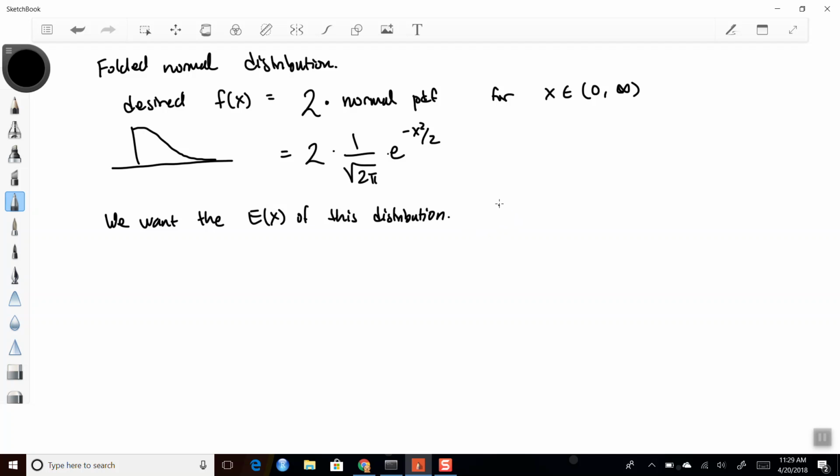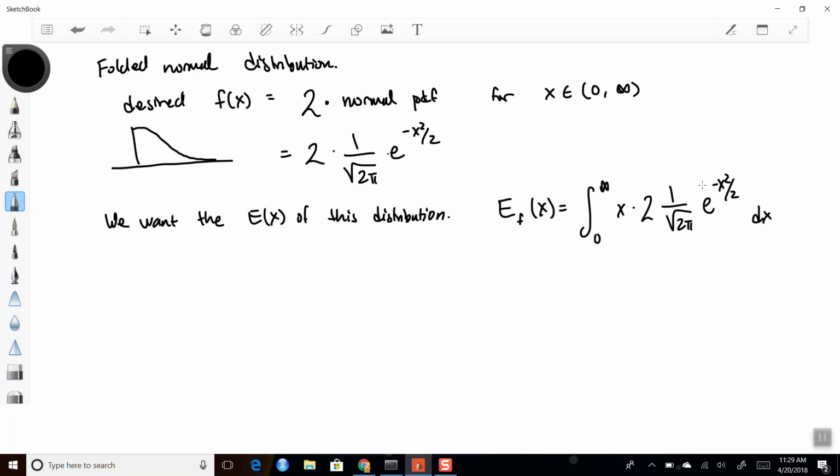Basically we want the expected value over f of x, which is equal to the integral from 0 to infinity of x times our PDF, 2 times 1 over root 2 pi e to the negative x squared over 2 dx. I know we covered methods on drawing from the normal PDF, but we're going to say we don't know how to draw from this thing.